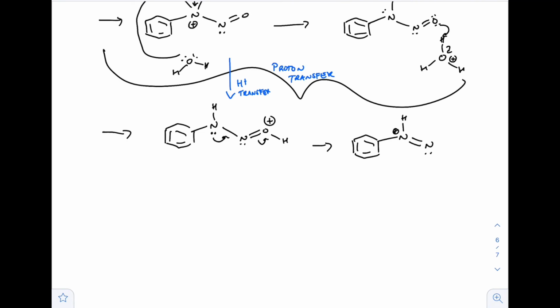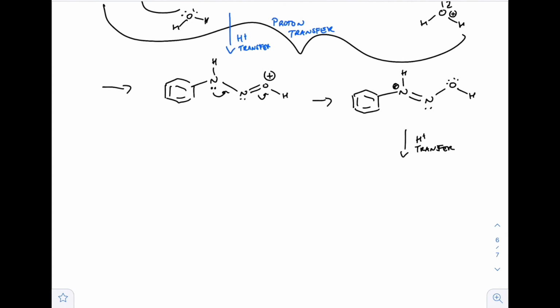So once you do that, you can create a nitrogen-nitrogen double bond, and then that stabilizes the charge or neutralizes the oxygen, that positive charge on there. Now we're looking a lot like we need to look, right? So what if we remove that proton from the nitrogen, neutralizing it, and then protonate that oxygen via a proton transfer?